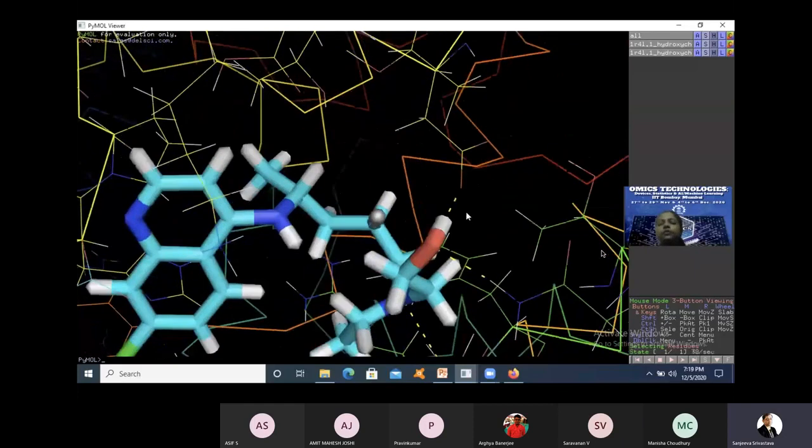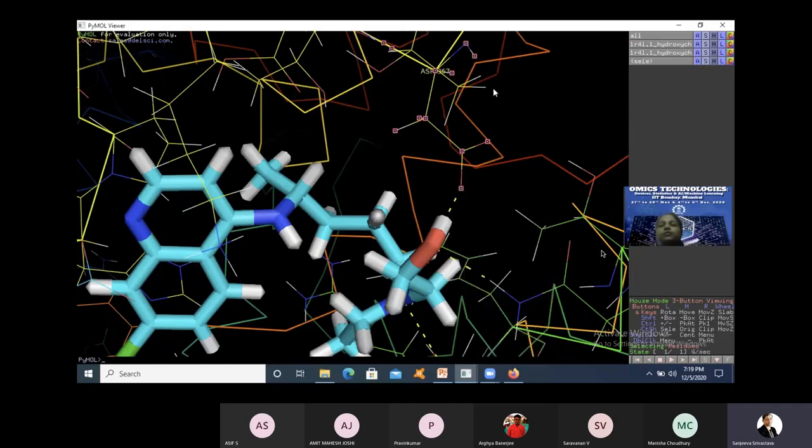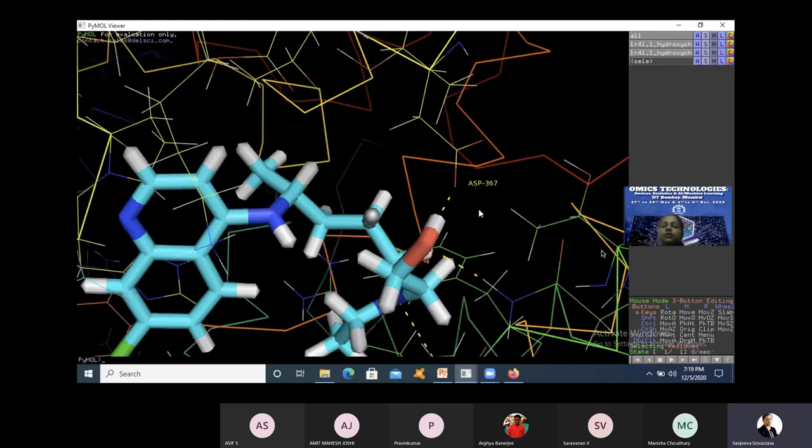Now here also, if I want to see what is this particular residue which is showing interaction to hydroxychloroquine, I will just click here, select it, and just say label the residue. So I know that it is aspartate 367. I can also move these labels. So now it is clear. Aspartate 367 is one of the residues that this particular ligand is binding to or showing interaction.